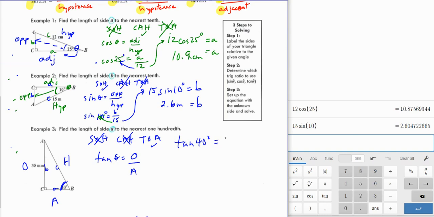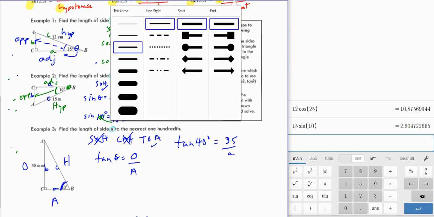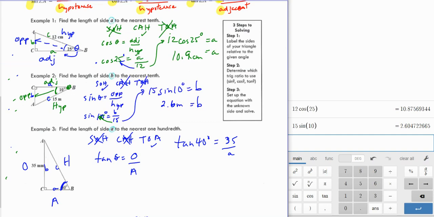Okay, equals opposite, which is 35, over adjacent, which is A. We don't know that side. That's what we're looking for. So this is another bit of a different look when we are going to cross multiply here. So this is going to have to cross up, and then we're going to need A by itself, and then this is going to have to cross down. So look what happens here.